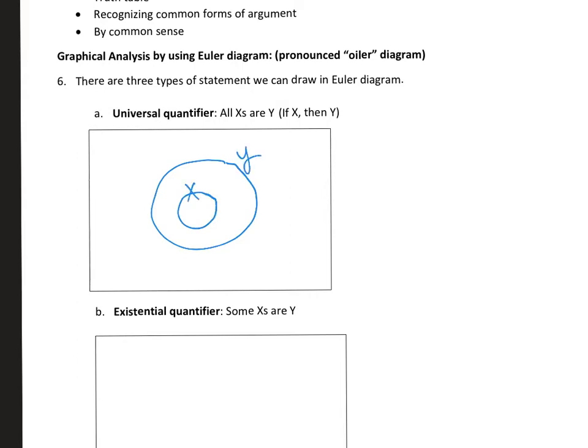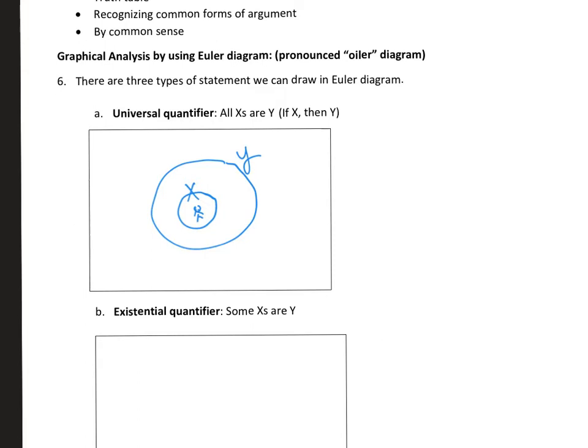Whatever is inside x: if you're x, you're inside this circle, that means you're inside the y circle as well. So when the statement says all x's are y, the way I'm going to graphically represent it is to draw x as the inside circle and y as the outside circle.